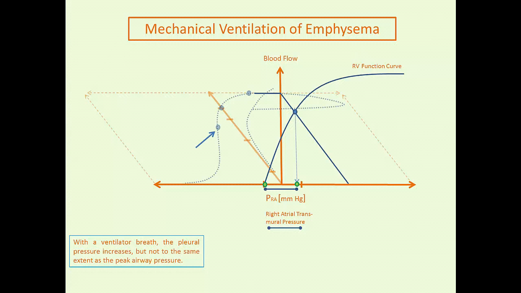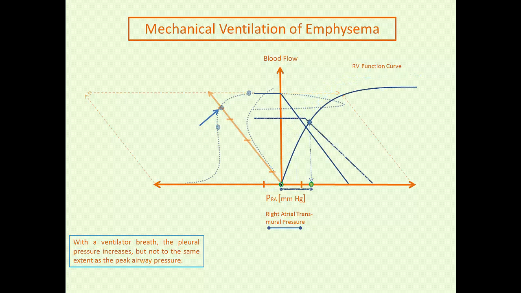Okay, so now let's apply some extrinsic PEEP to the patient. So the cardiac function curve will shift rightwards along with the increase in intrathoracic pressure. The pressurization of the abdominal venous capacitance beds increases your mean systemic pressure. And again, this is partly due to pressurization of the abdominal capacitance beds, but also due to sympathetic discharge.